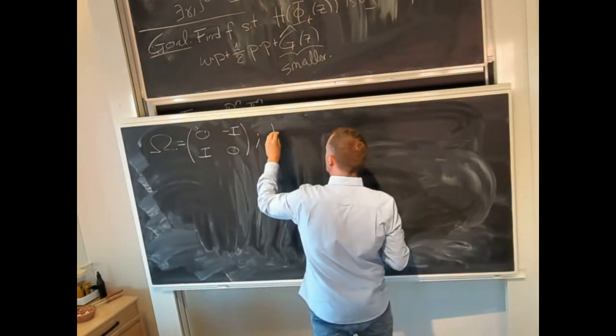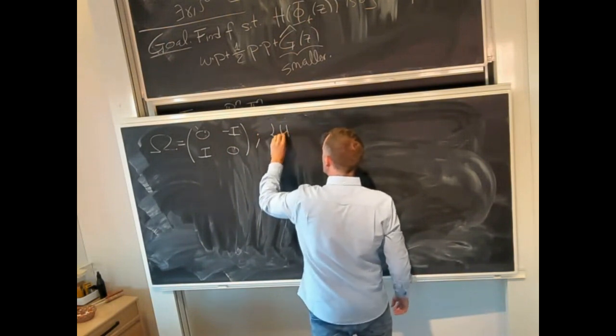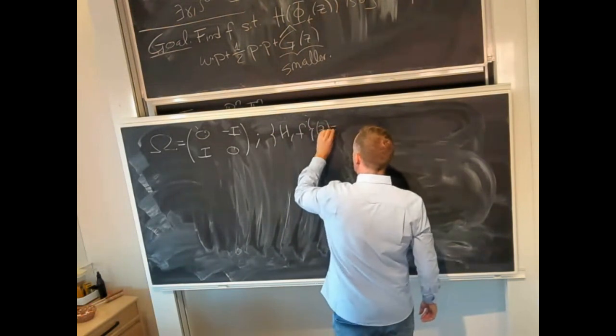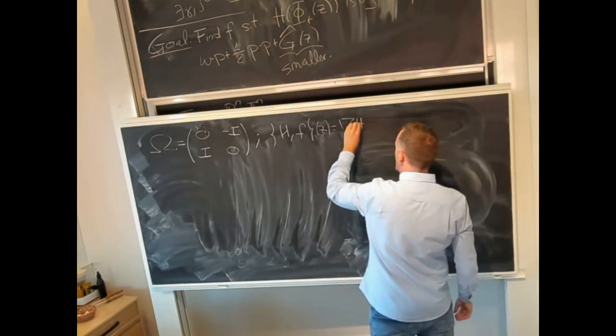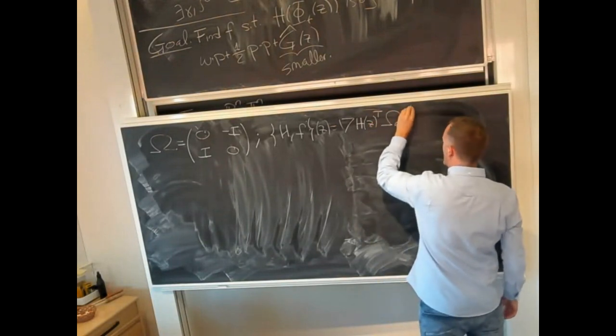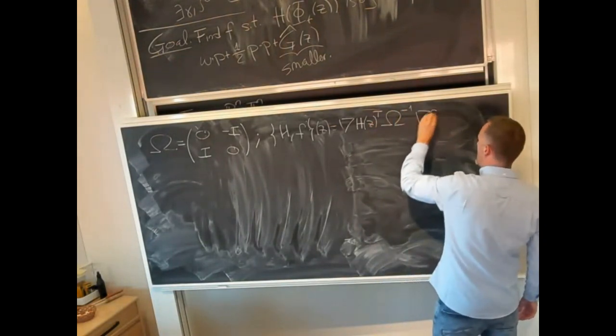So given two functions h and f of z, that is the gradient of h at z transposed, omega inverse, gradient of f.